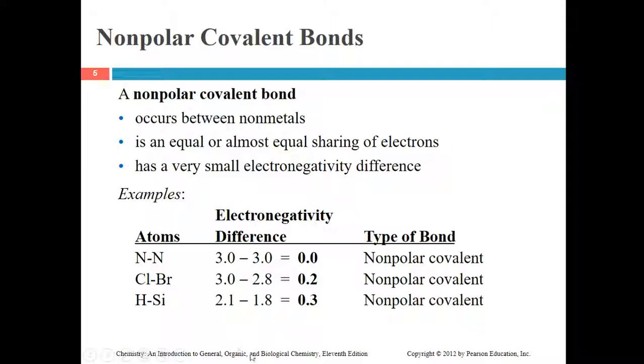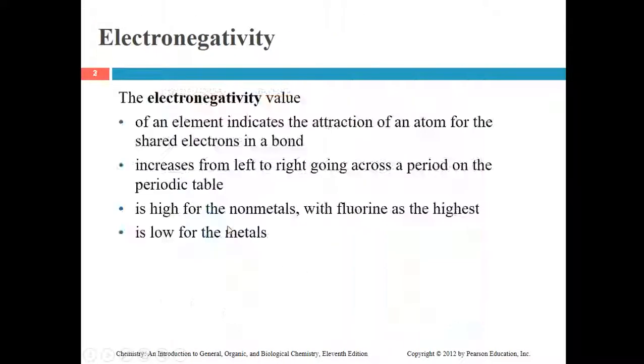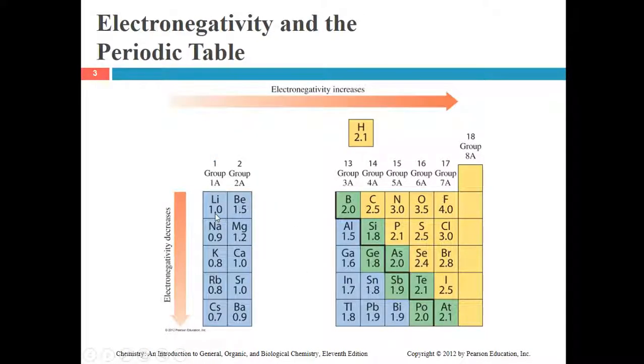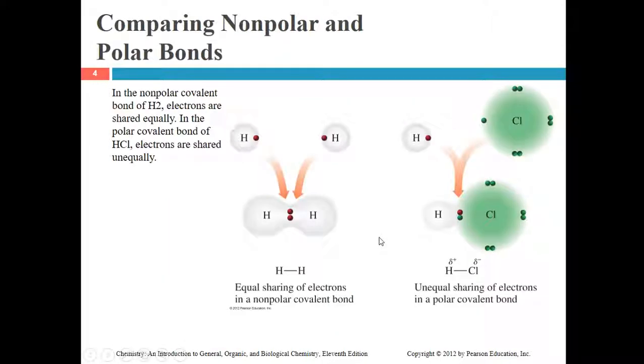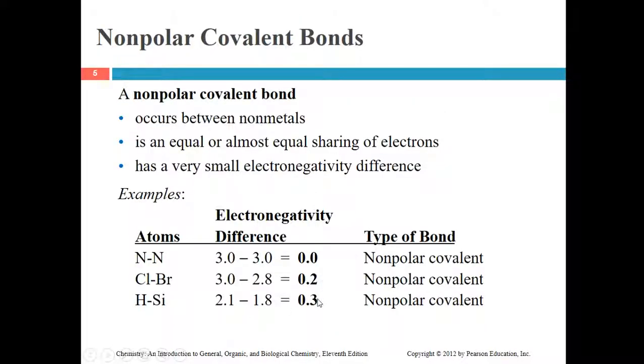So it's still considered nonpolar covalent. Why? Because it doesn't act polar. When we look at hydrogen and silicon, our hydrogen's value is 2.1, and our silicon's value is 1.8. When we subtract those, that's 0.3 difference. Still not enough to act polar, so we're going to consider it nonpolar.